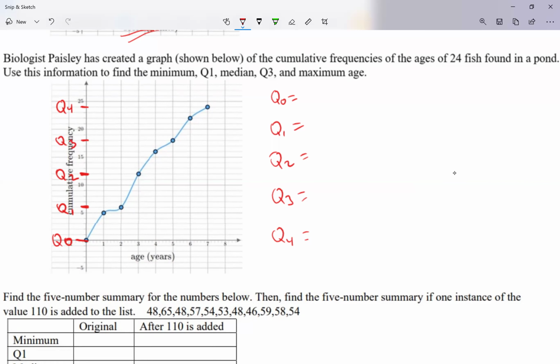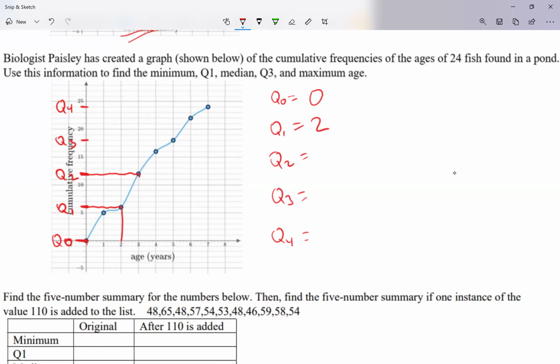Okay, let's start with quartile 0 this time, right? Quartile 0. Where do I meet the graph? Here. What's the X value at that point? 0. My quartile 1. Where do I meet the graph? Here. What's the X value at that point? 2. My quartile 2. Where do I meet the graph? Here.